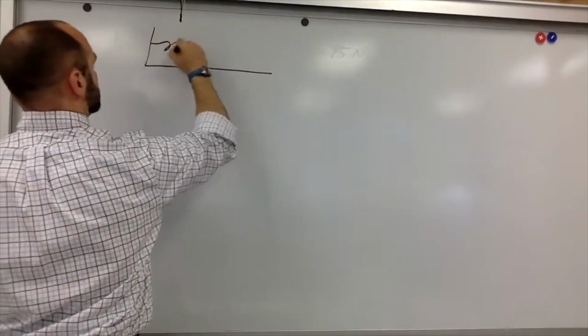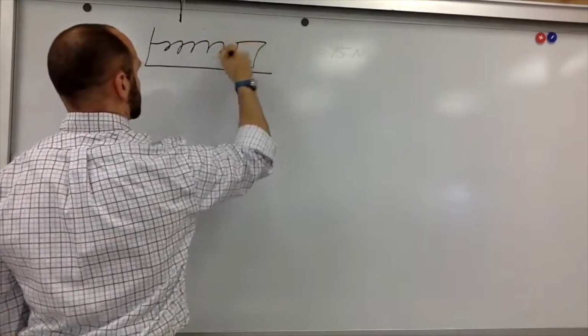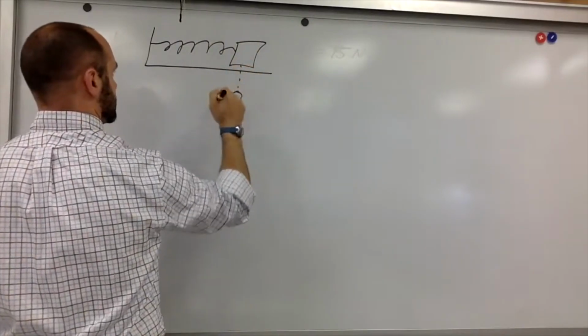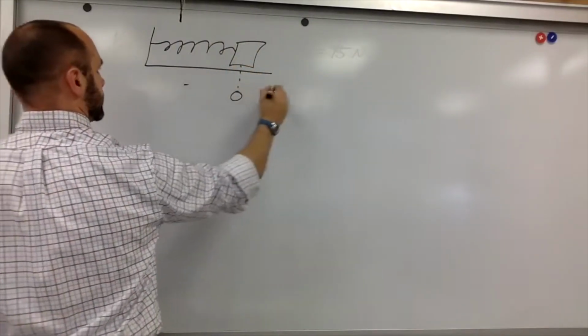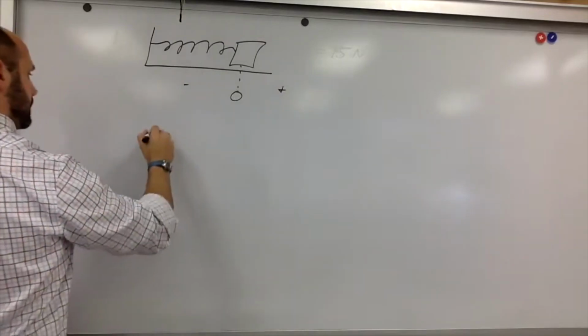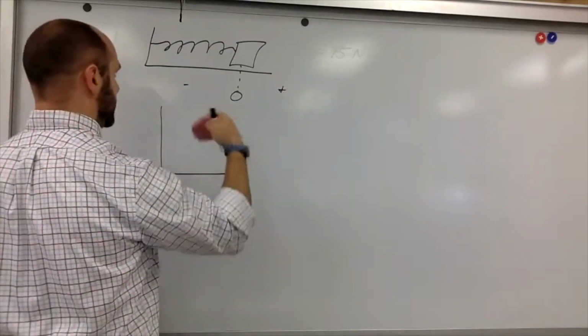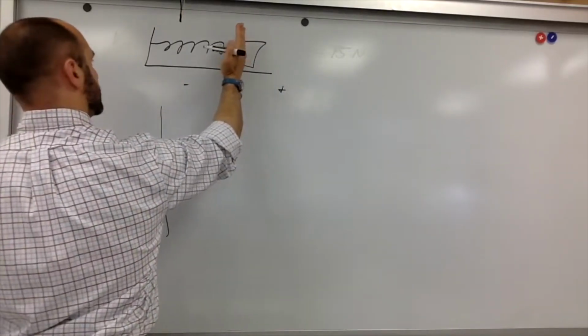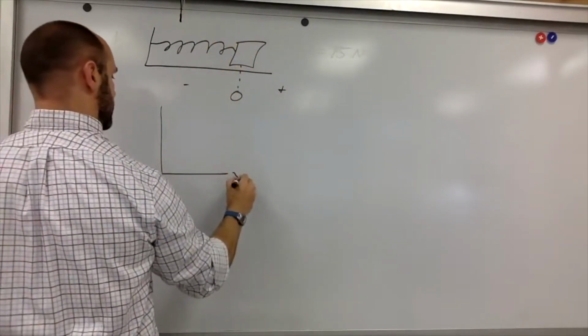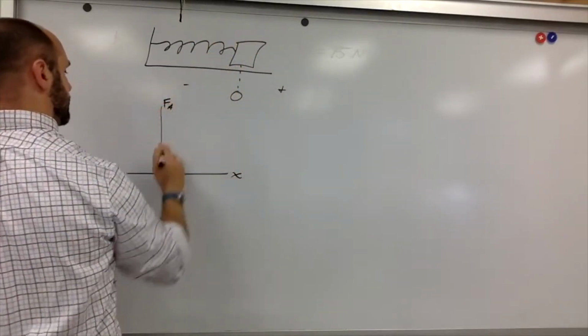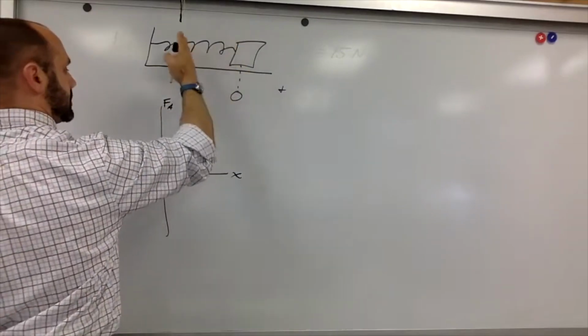Here is some spring attached to some block. Say this is 0, and this is the negative direction, this is the positive direction, right? If I look at my applied force, if I move this thing this way, then it has negative position, but I have positive force.